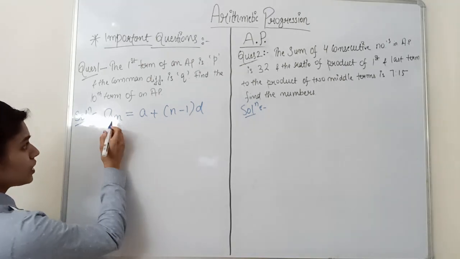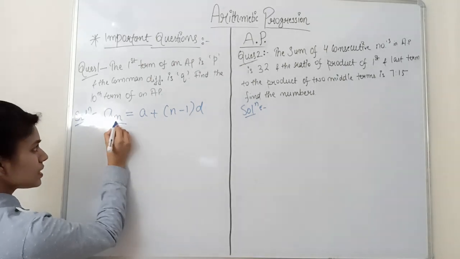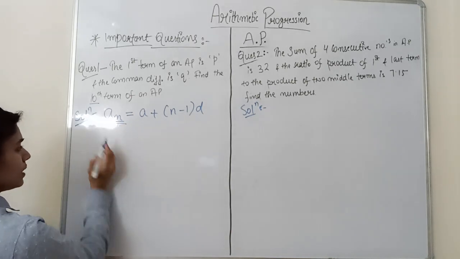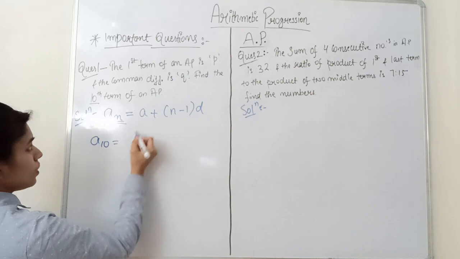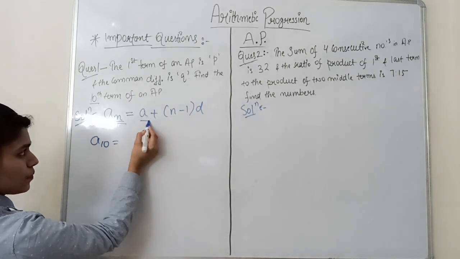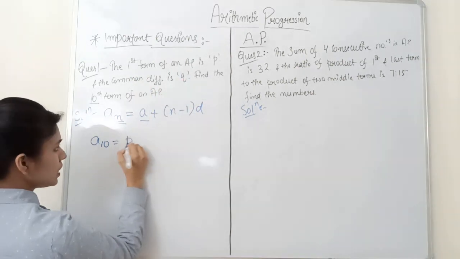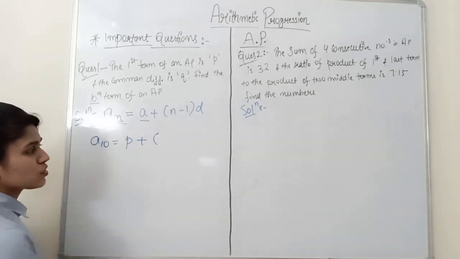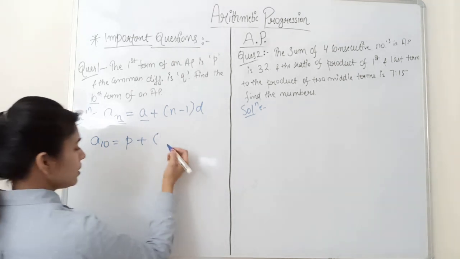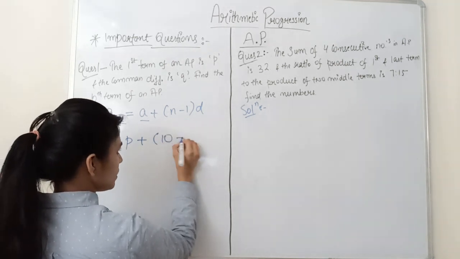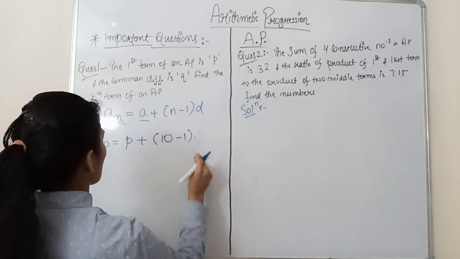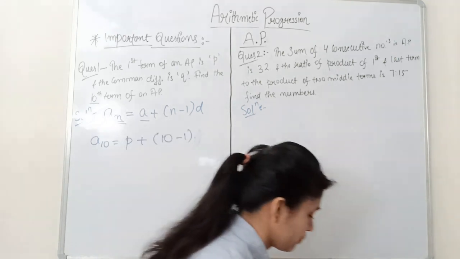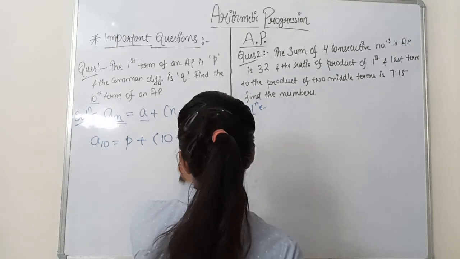How to find the nth term? Here n is 10. A10 equals the first term, which is P, plus n minus 1 into d. Here n is 10 and d is Q, which is given in the question.